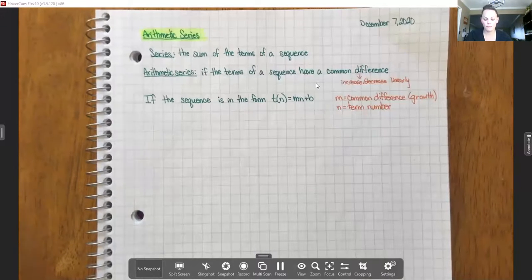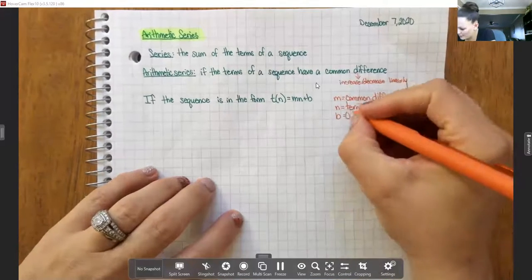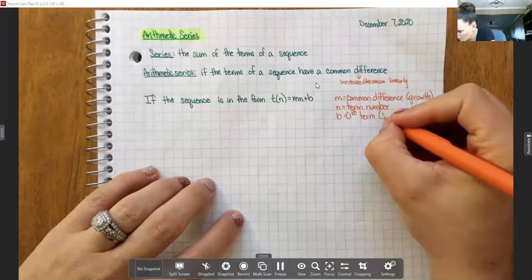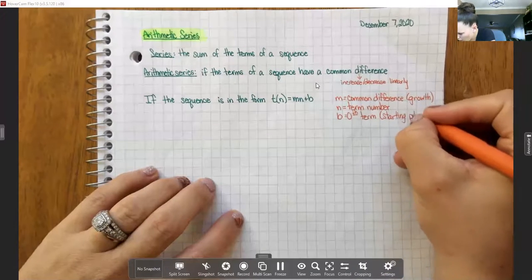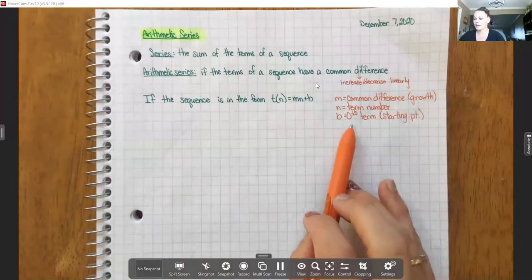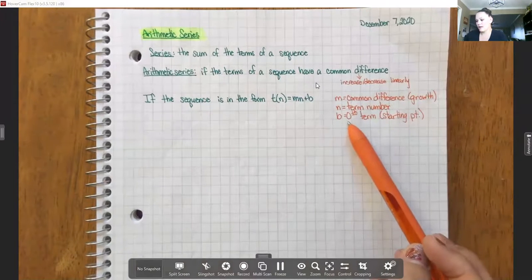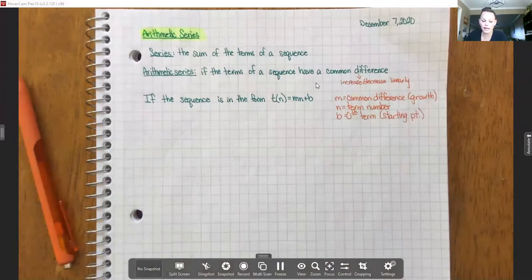And then b is that 0th term or the starting point. But we should know a 0th term doesn't actually exist for a sequence or a series, because the sequence starts with the first thing in the list, then there's a second thing.